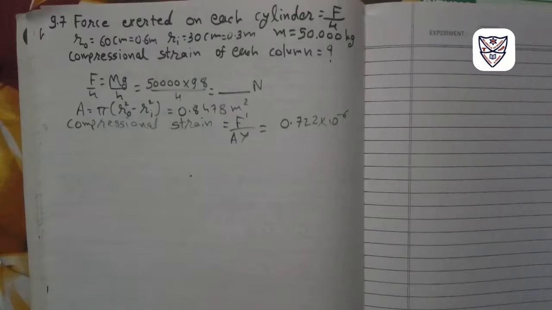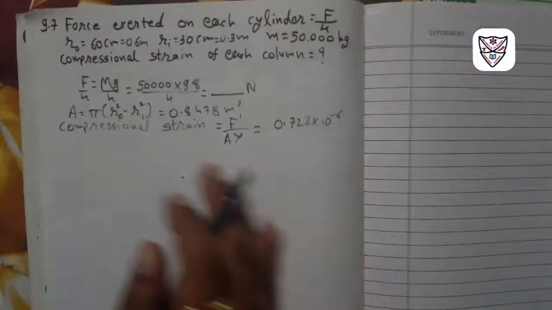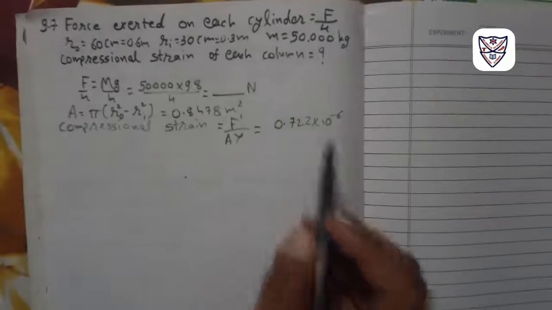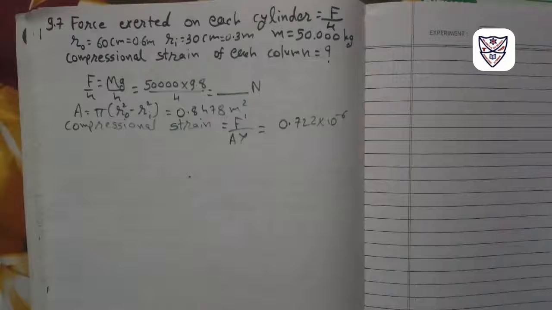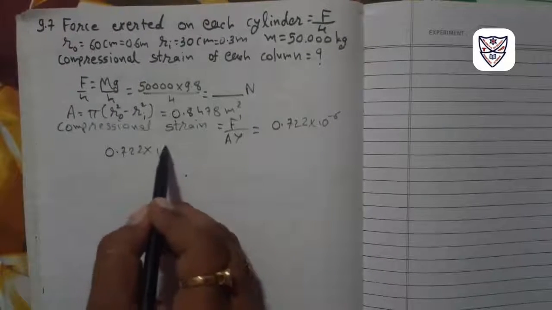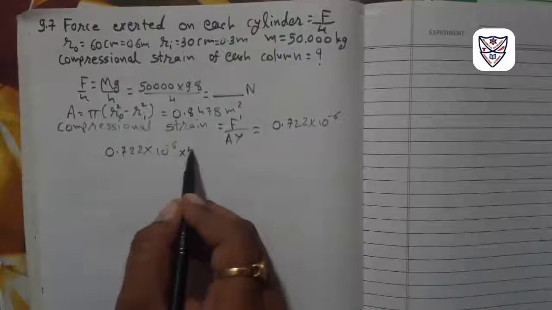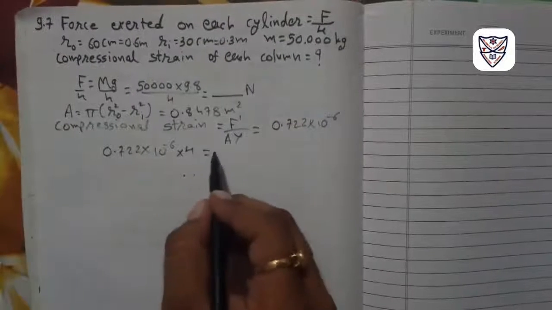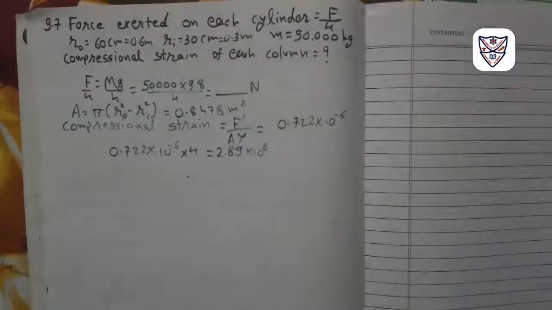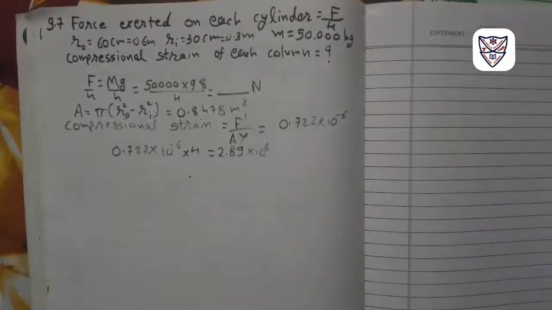We know that Young modulus, here it is given steel, so Young modulus of steel is 2 into 10 raised to 11, right? This compressional strain is only for 1, we have to find for 4, so we have to multiply this value with 4. Then our last answer will be 2.89 into 10 raised to 6. So this is the compressional strain of our whole system.